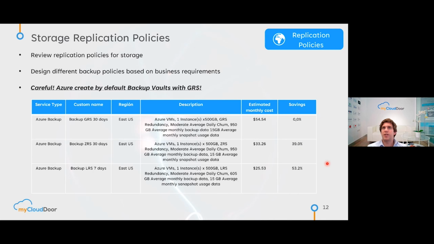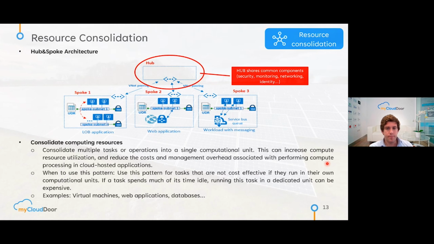Even in the same production environment, you may not require the same policy for all the applications. So at the end, if you are able to define granular replication policies, you will be able to create different replication policies per resource, so you are able to optimize the cost in the storage.